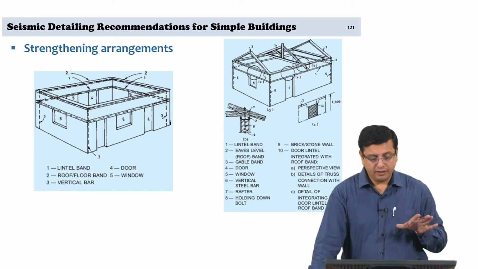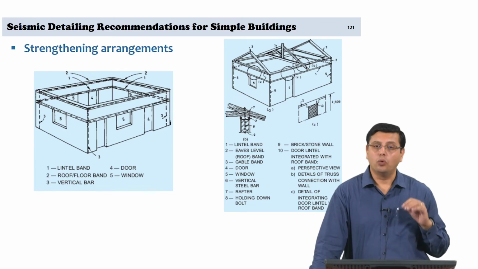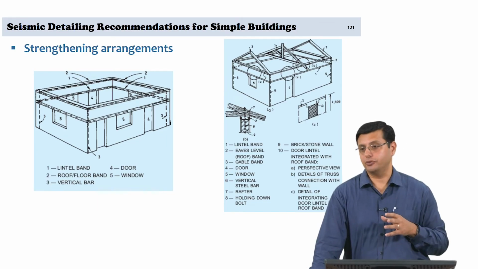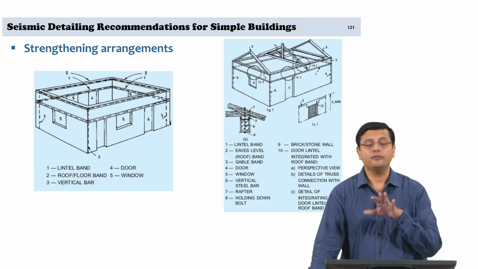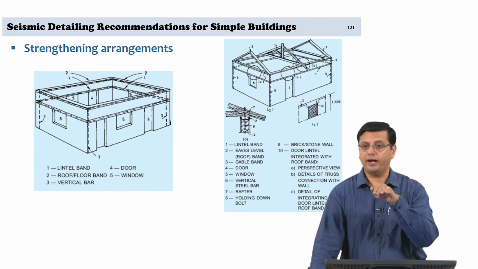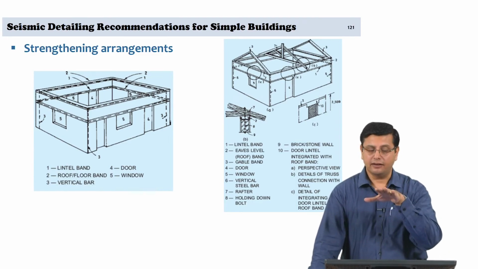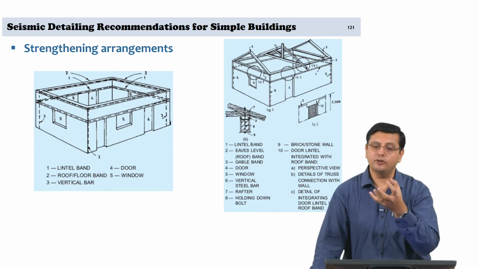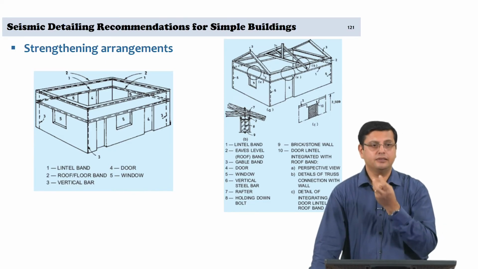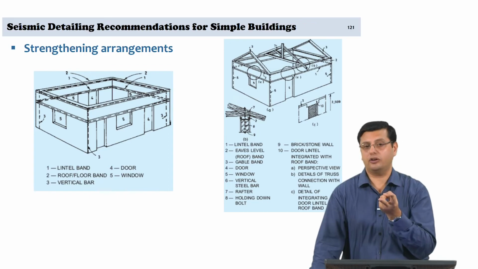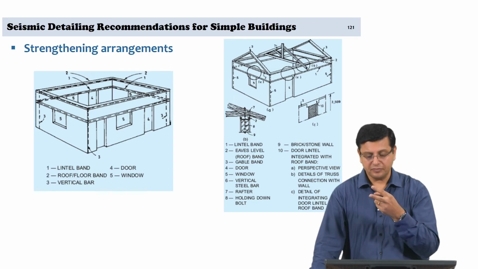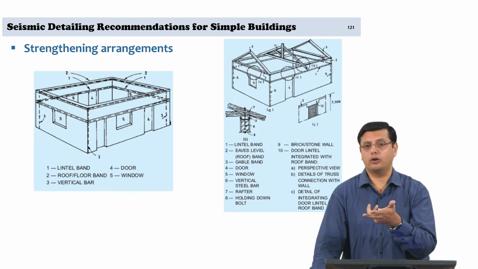So, the other important aspect is what strengthening interventions must be introduced, right. So, we are talking of good material. If you have good material, there is good performance expected due to the integrity of the material. The second aspect is overall configuration. Overall configuration and openings matter as far as overall configuration is concerned.